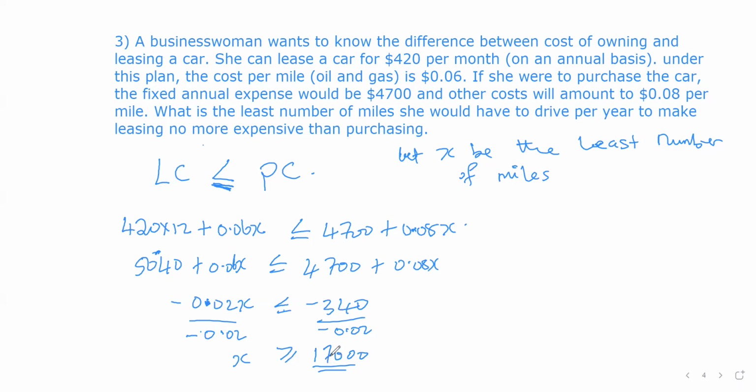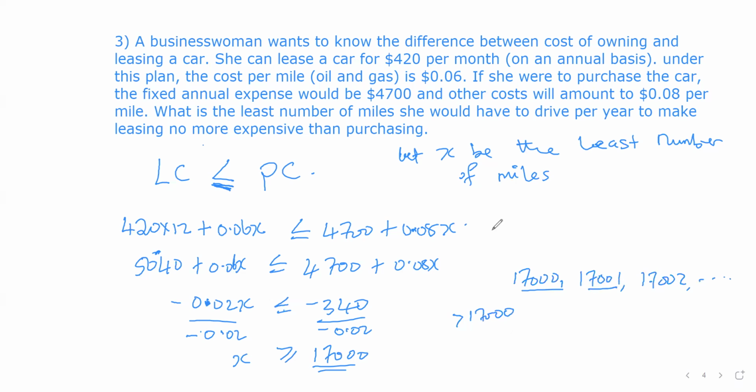So X can take values from 17,000 upwards. Okay, 17,002 and so on. The least of them, 17,000. Unlike the case where X is strictly bigger than 17,000, then it can only take values bigger than 17,000, which are from 17,001 upwards.